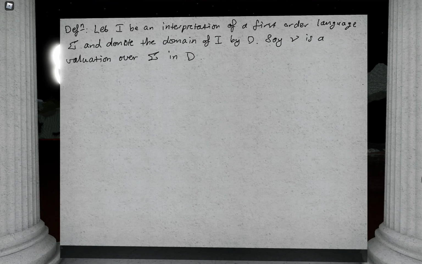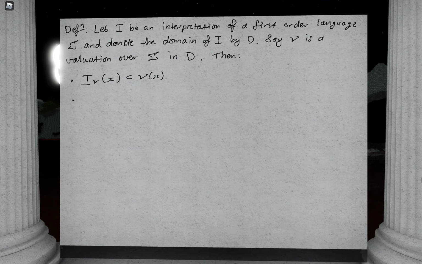Okay, so we start with an interpretation of sigma and an evaluation over that sigma inside the domain of the interpretation. Then we can extend the interpretation to terms in the following way. The interpretation of any of the terms which are just variables is just equal to the valuation applied to the variable x.